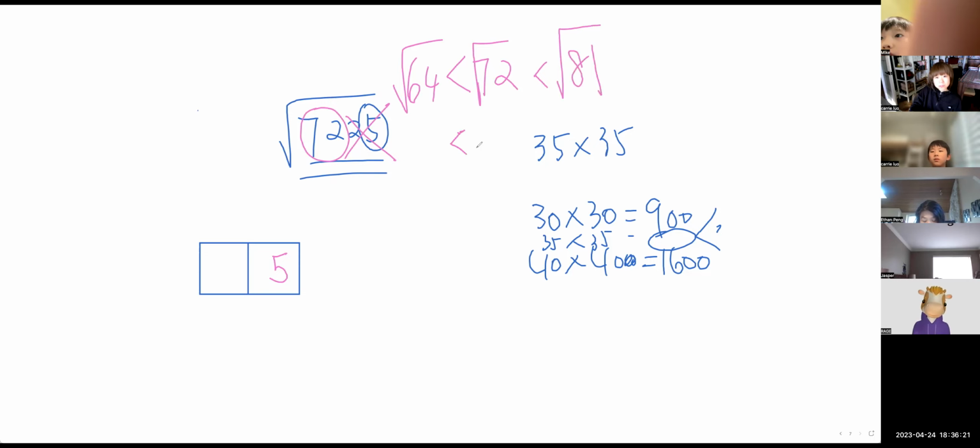So square root 72 is bigger than 8 and smaller than 9. So all we need to do is put 8 here and it's done. Because we don't have to check which one to go with, since there's only one option here. Understood, everybody?